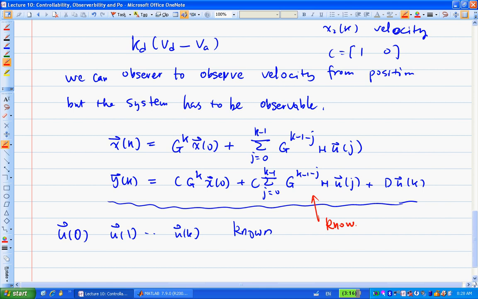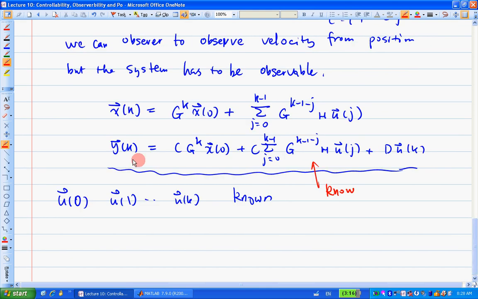And then the only part left, so what else do we know? y of k is the output: y0, y1, up to y of k. So we also know this term. And C here and G, the system matrix, we also know.